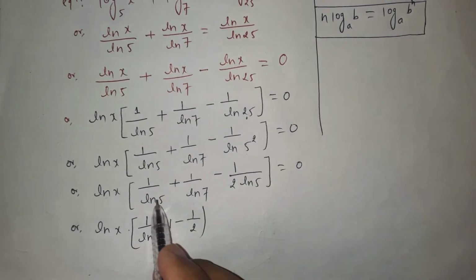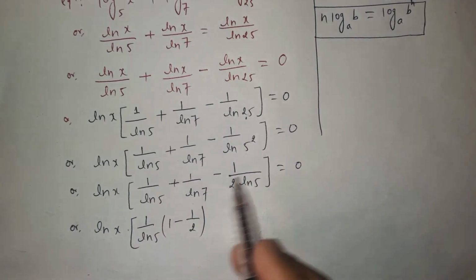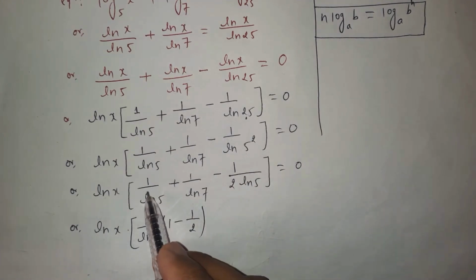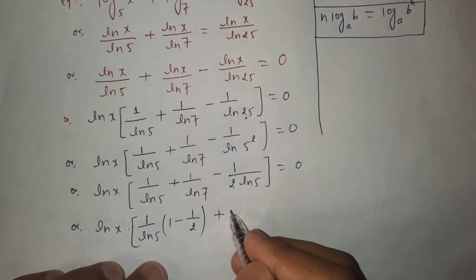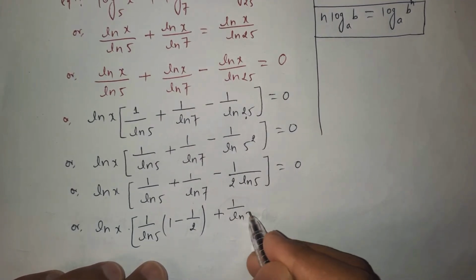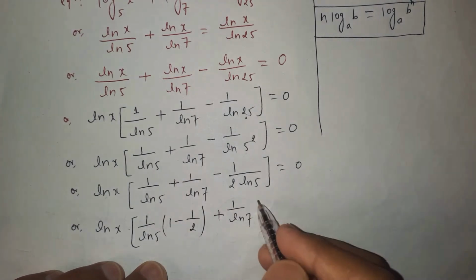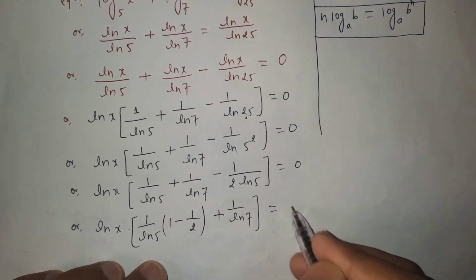Here we just do the operations on the first and the third term. We take 1 over ln of 5 as a common, and then the remaining will be 1 minus 1 by 2 plus 1 over ln of 7. The second term will be as it is, equal to 0.